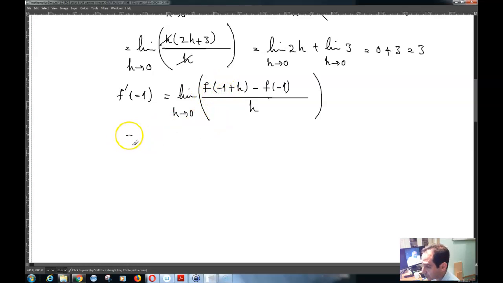So the function is f of x is equal to 2x squared plus 3x minus 5.